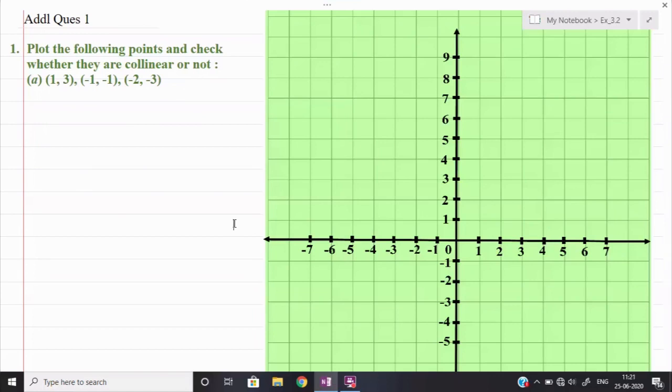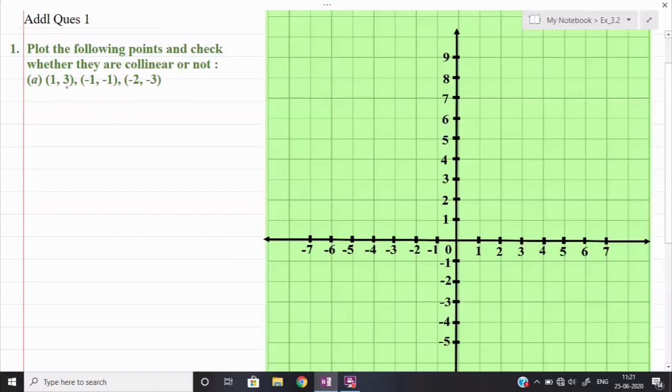Collinear means points which lie on the same line, meaning when you join them it forms a line. Okay, so let us see whether our points are collinear or not. I am doing part A, and part B I am keeping as homework for you. In the assignment I have mentioned part B. From that you can see and write it in your notebook.